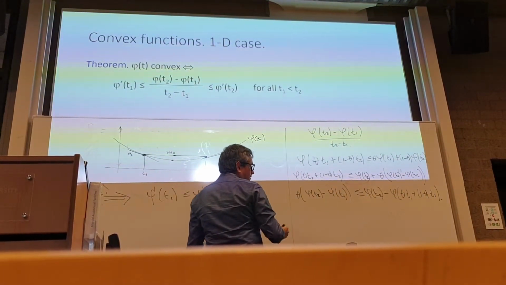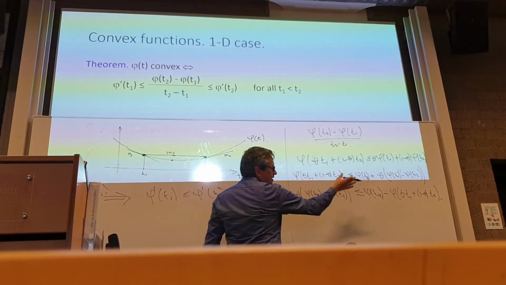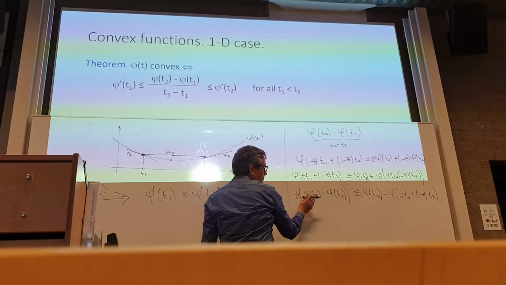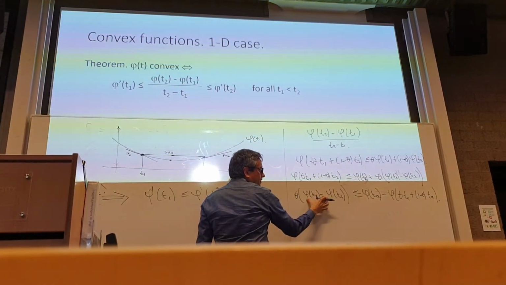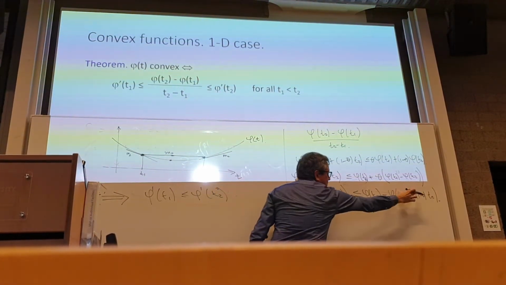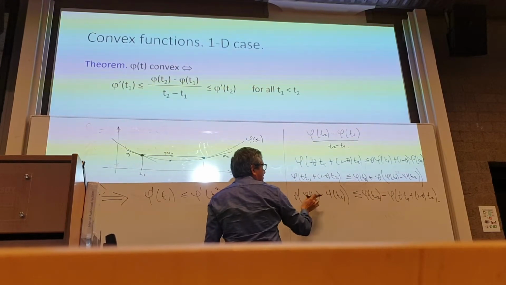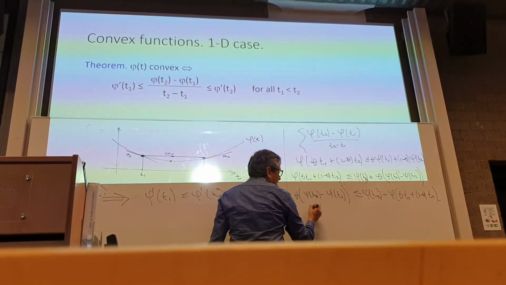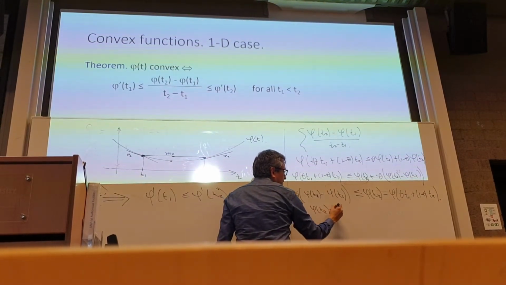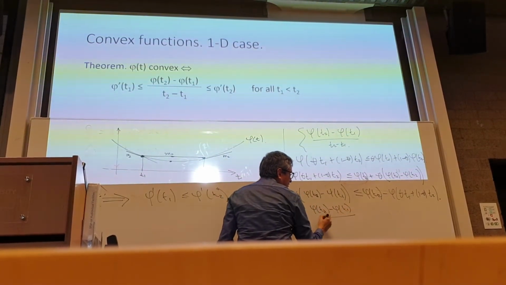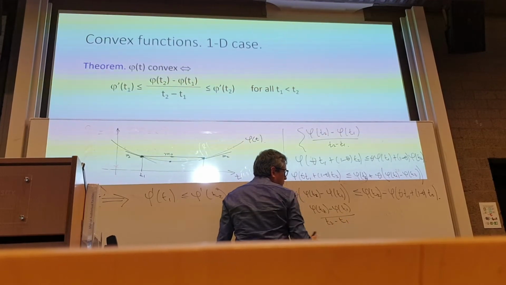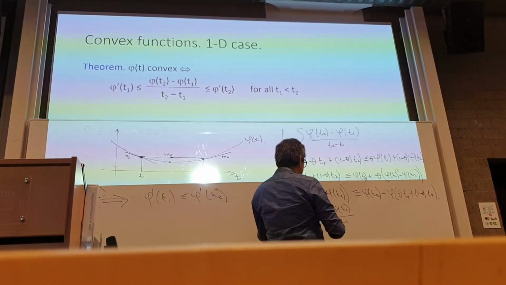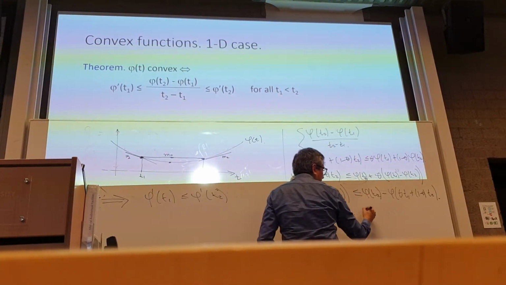Okay? And then here I'm just doing algebra, yeah? I move this guy here, and with the minus I change these two. And then I move that guy there. Now I'm just trying to build this expression, yeah? I'm going to divide by T2 minus T1 on one hand, and then I need to divide by theta there.